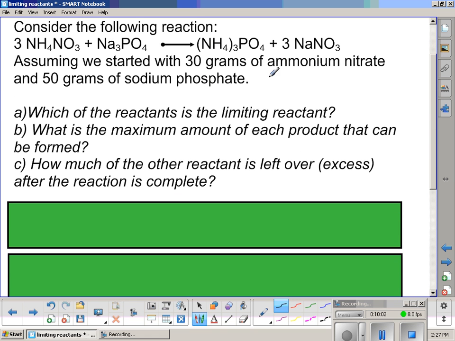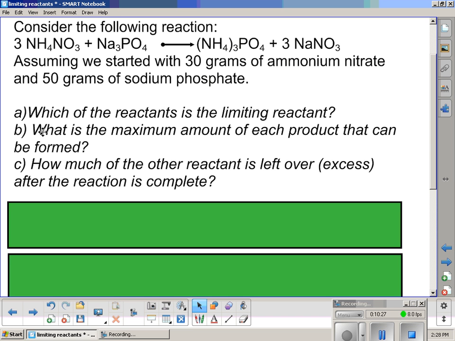Okay, the following reaction, again, we have a balanced equation. And you can read through this. We're going to assume that we put in 30 grams of ammonium nitrate, and it combines with 50 grams of sodium phosphate. Okay, we're going to determine which of these is the limiting reactant.